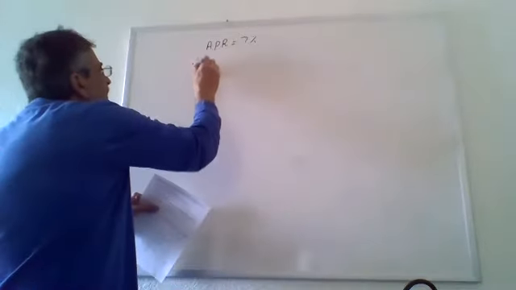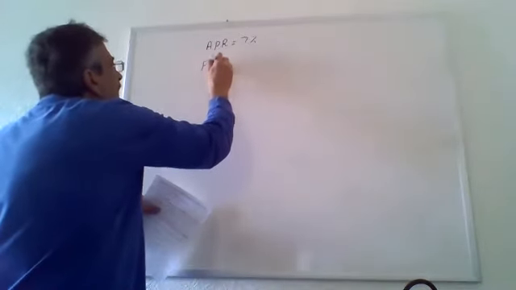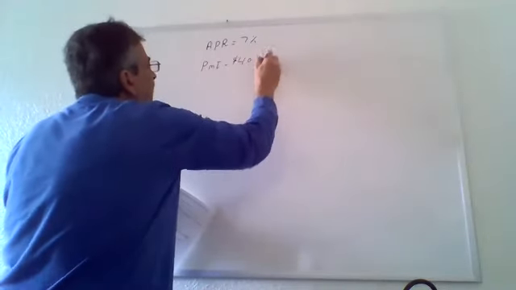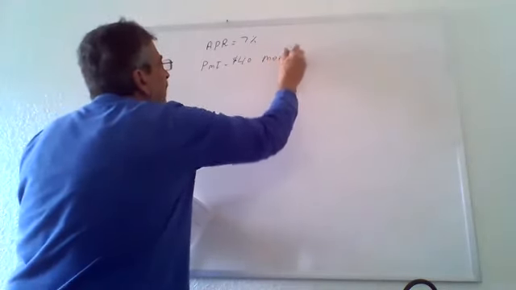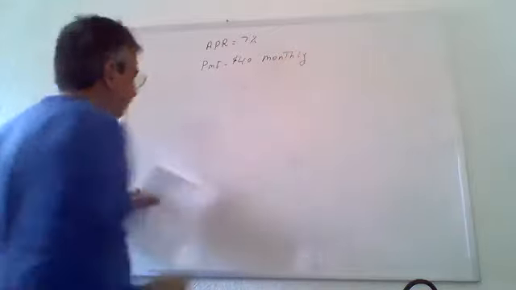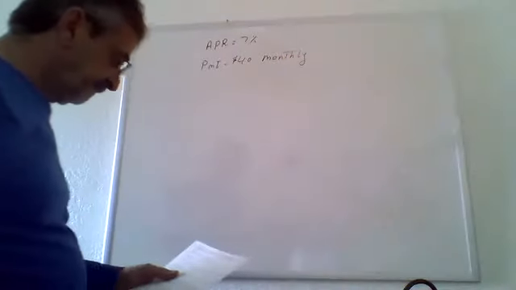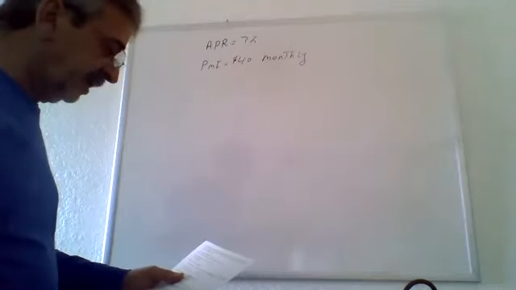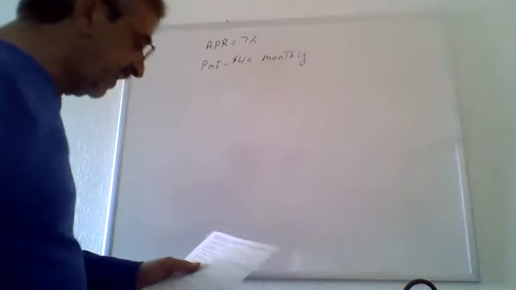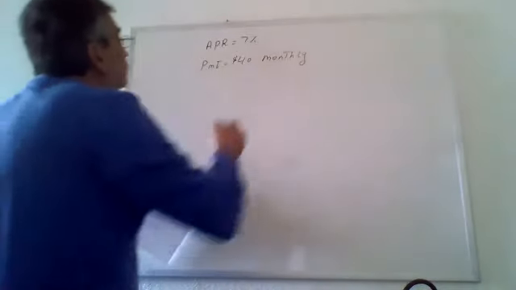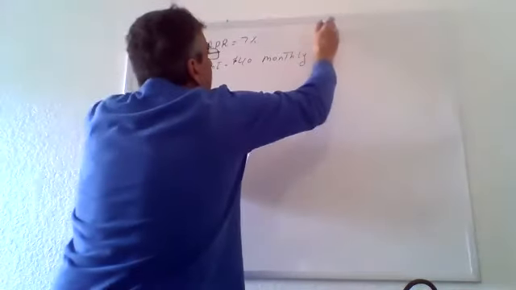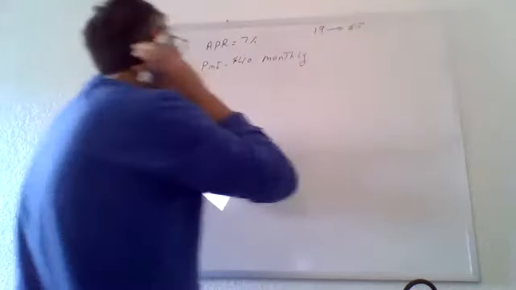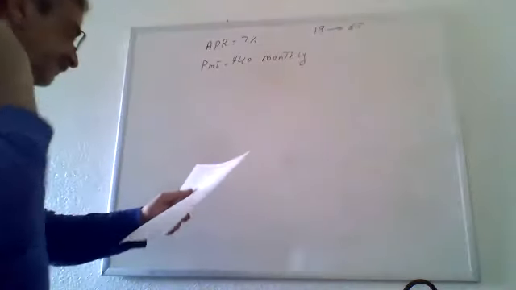So payment equals $40 monthly. It says how much will the IRA contain when he retires at 65 years of age. So today he's 19 and he wants to retire at 65. Yes?